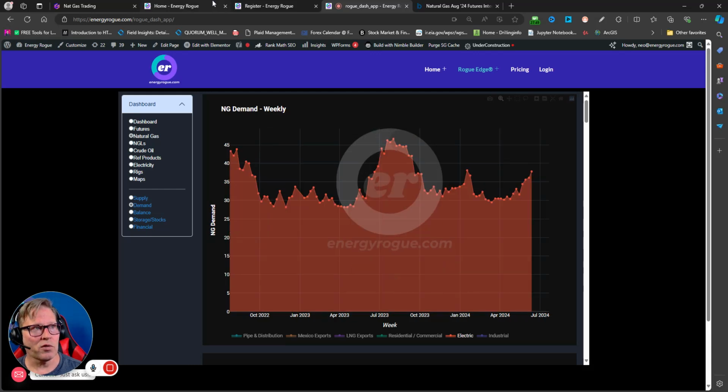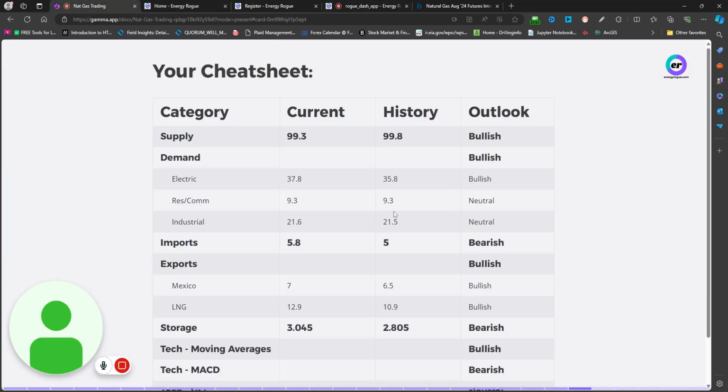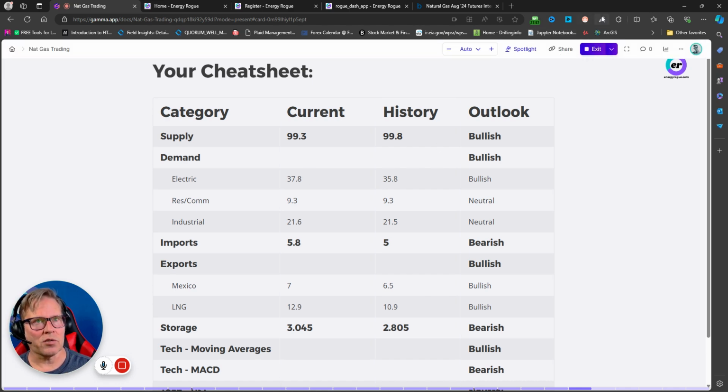So it's not just important to look at, okay, this number is higher than this one. Well, what is the relative change? And that's part of the reason when I look at electric and I see this 2 BCF a day increase from just last year, this is massively bullish. That is massively bullish.